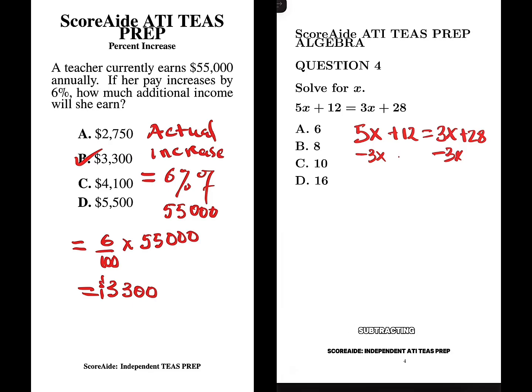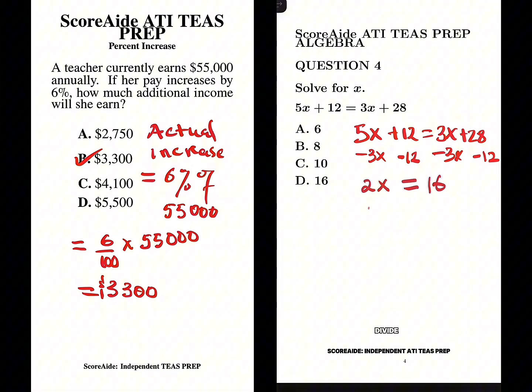By subtracting 12 from both sides of the equation. And when you do this, you see that 5x minus 3x is going to give you 2x. 12 minus 12 is 0, which is equal to 3x minus 3x is 0. And 28 minus 12 is going to give us what? 16. Right? So 2x is equal to 16.